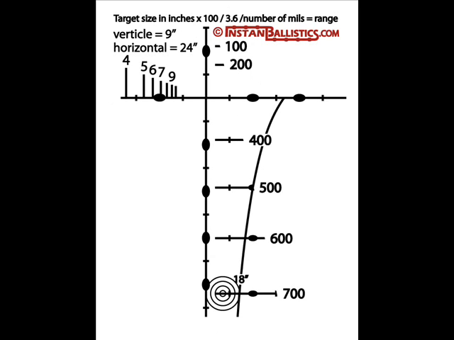If we drop that target onto your chart, you can see that it's right at the 700 yard mark. So if you use your holdover for 700 yards, you should be able to make a good solid hit on this target. This target should be right at 700 yards. Now, of course, you're not actually dropping the target onto the chart, but we're using this for illustration purposes.